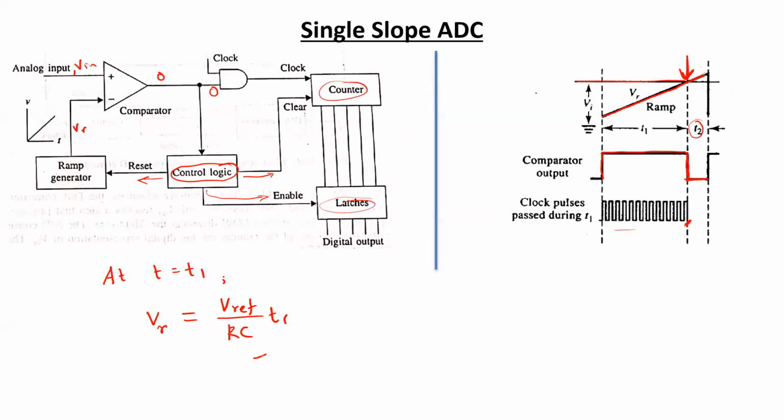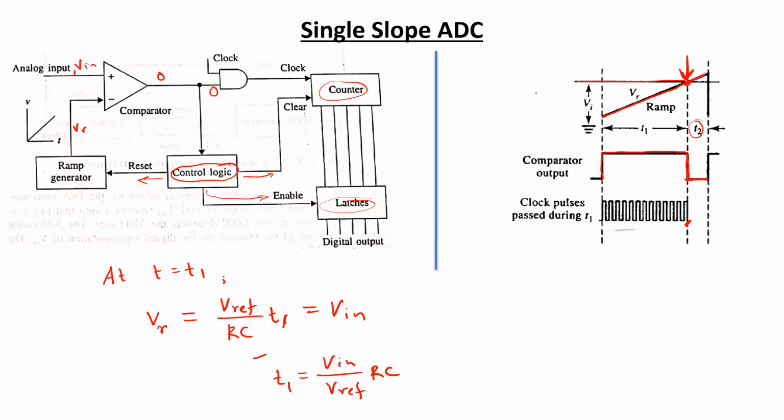At this point, we know that this ramp voltage is actually equal to the input voltage. So from here we can also write an expression for T1, that is V in by V reference into RC.